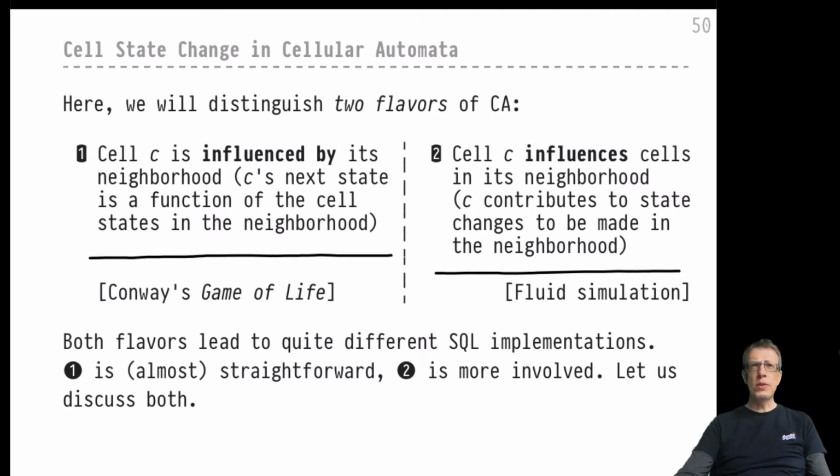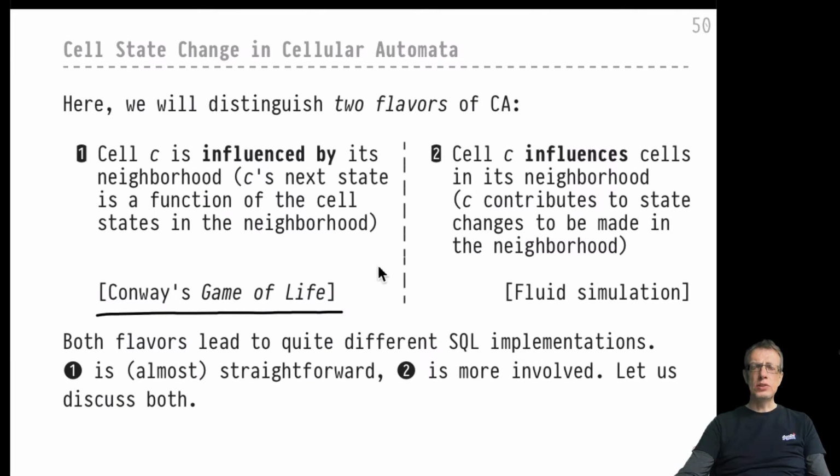Okay, so one can define and simulate completely different systems with these types of CAs. What we will do in this course is to define and simulate and then play with Conway's game of life, probably one of the more prominent applications of cellular automata in general. This is of the first type, in which a cell is influenced by the state of its neighborhood. Indeed, the neighborhood determines and defines whether a particular cell comes alive, stays alive, or dies. That's Conway's game of life.